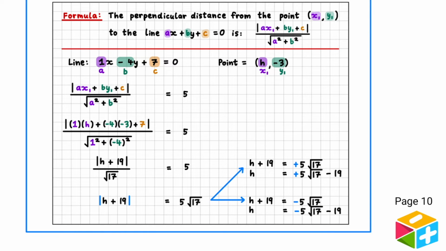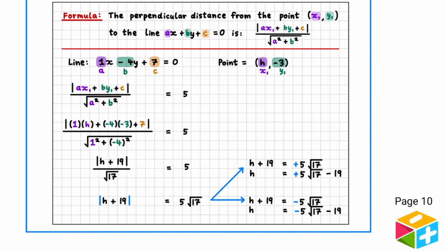From here we can simplify. 1 times h is h. Minus 4 times minus 3 is plus 12, and then when you add on the 7, you get plus 19. 1 squared is 1, and minus 4 squared is 16, so underneath the square root, we get 1 plus 16, which is 17.